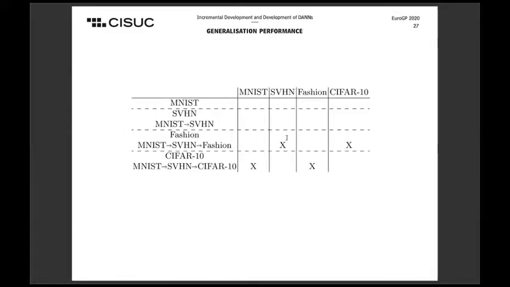On top of that, we also analyze the robustness and generalization ability of the generated models. For that, we take a setup and check its performance on all the datasets that were not evolved for that particular setup. That is, in the rows we have the setup, and in the columns we have the datasets.